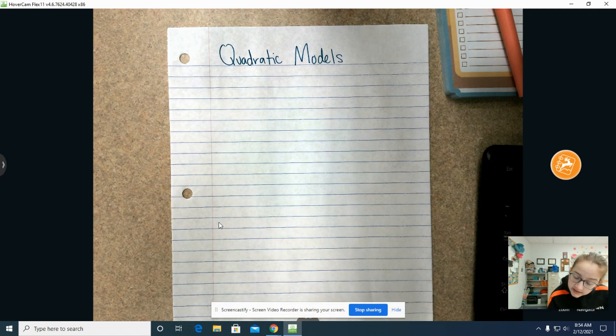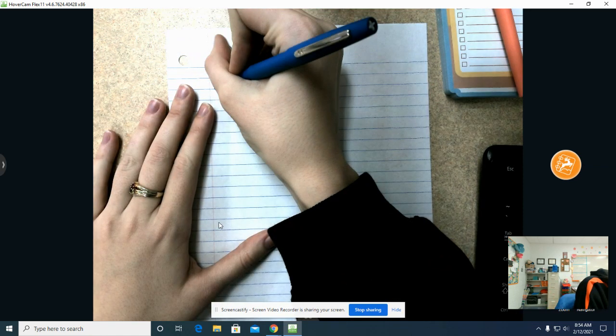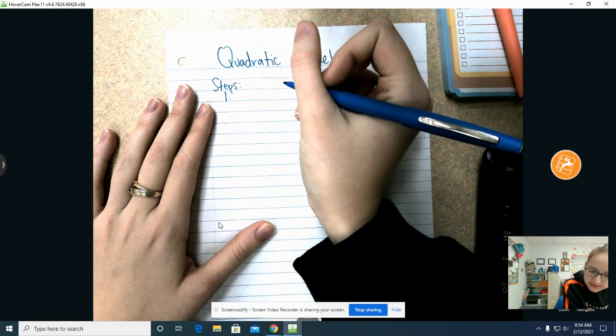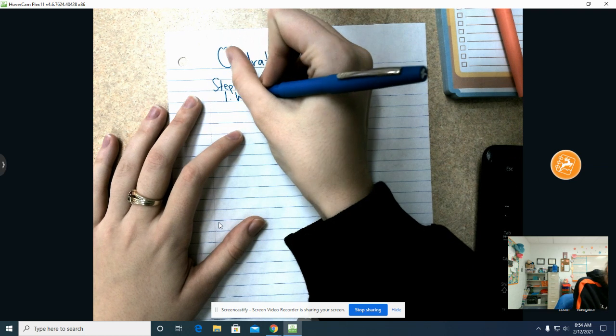So, for steps. This will make much more sense when we actually do one, but I do like to put the steps up at the top so you all have them for reference.